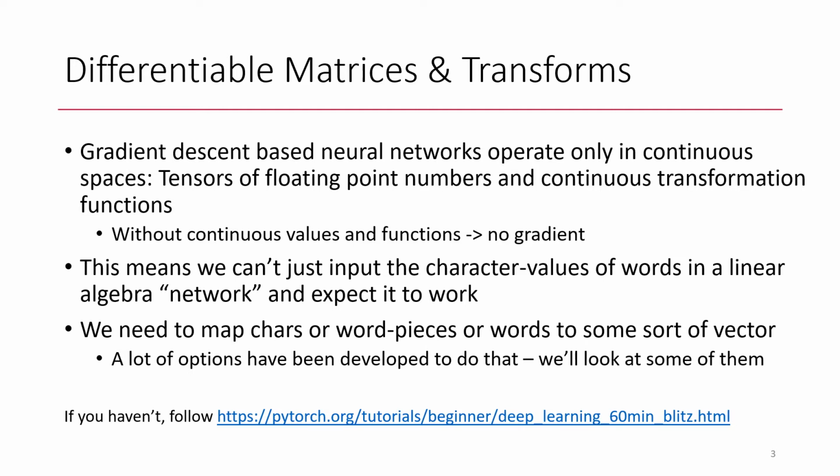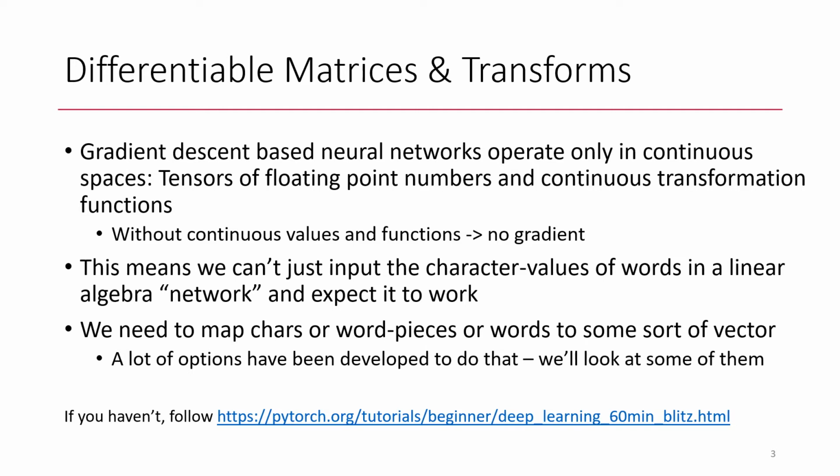So this means we can't just input the character values, for example, the ASCII codes of words in a linear algebra network and expect it to work, because it wouldn't. So we need a method to map chars or word pieces or words as a whole, defined by some tokenization, to some sort of vector.